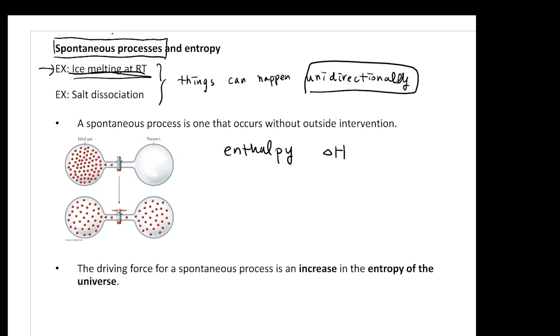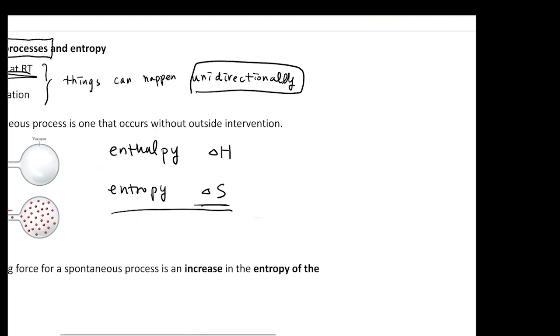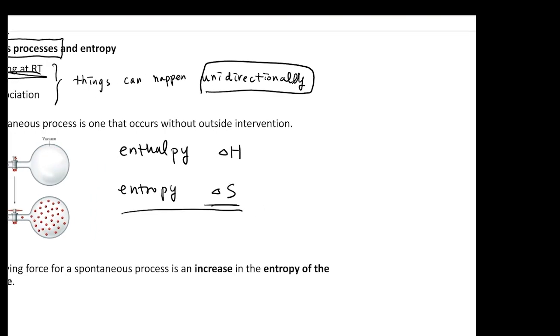So they looked very hard. Eventually, scientists identified another term, the entropy, delta S, to predict whether a reaction can happen spontaneously or not. So in the end, they realized it is not just delta H, it has to be the overall effect of your enthalpy and the entropy.